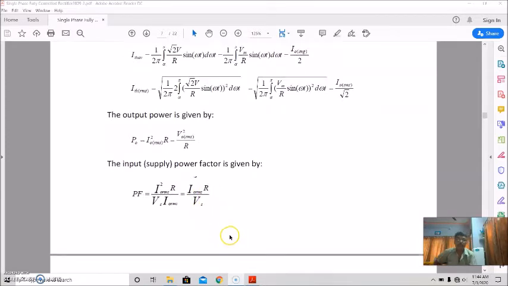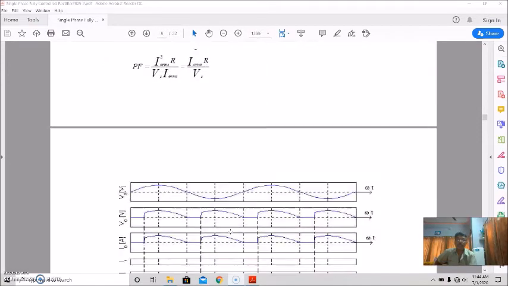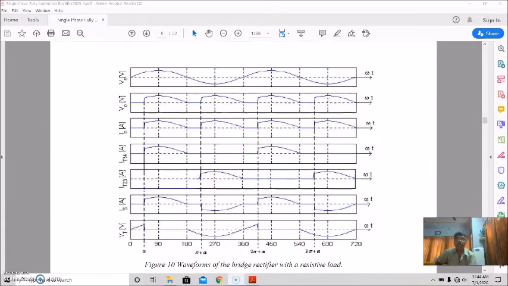With this, we can once again go to this waveform. This is the source voltage waveform, this is the output voltage waveform, and this is our current waveform. Clear? This is for the positive half, through conduction of thyristor 1.